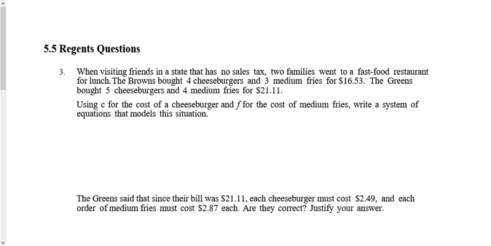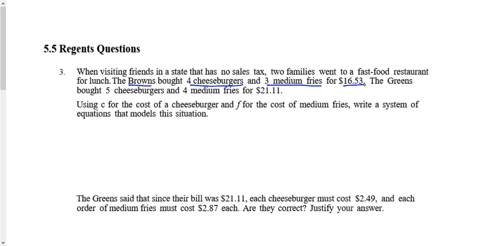Serenity, what is going on in problem 3? When visiting friends in a state that has no sales tax, 2 families went to a fast food restaurant. The Browns bought 4 cheeseburgers and 3 medium fries for $16.33.